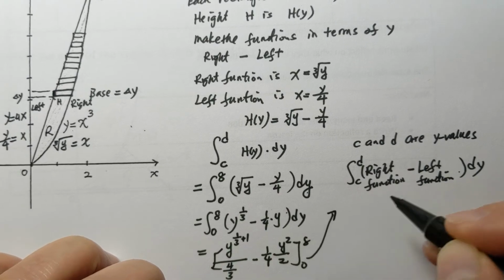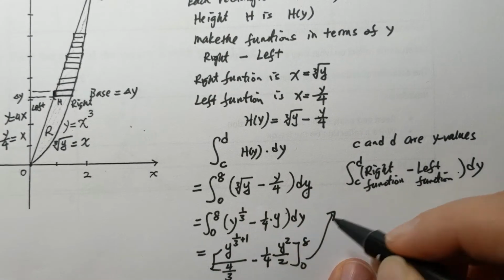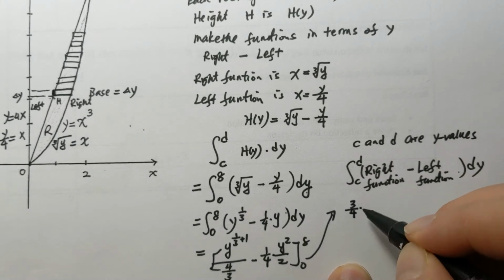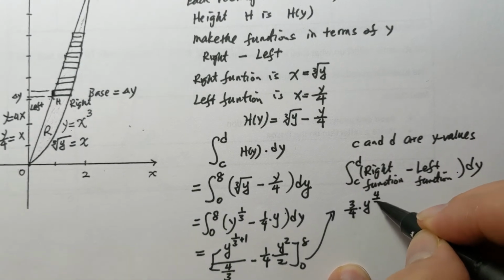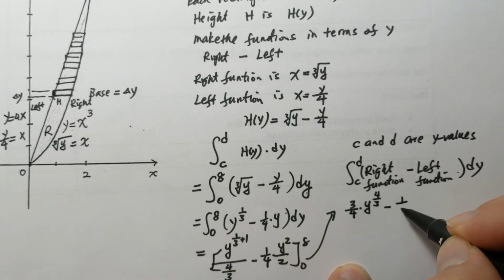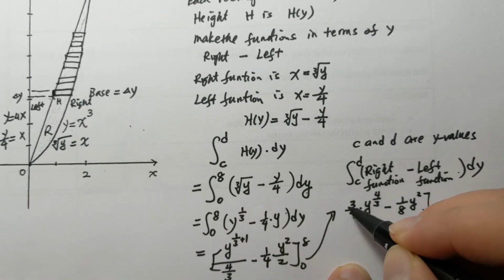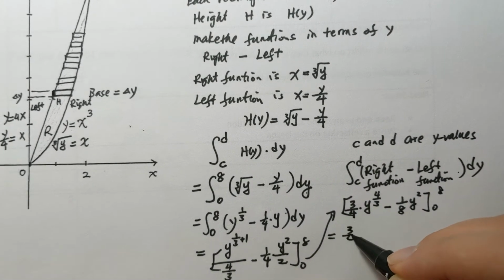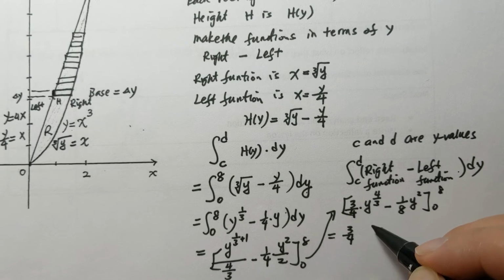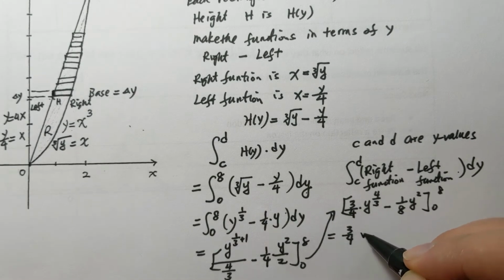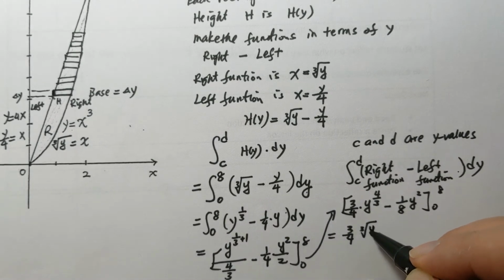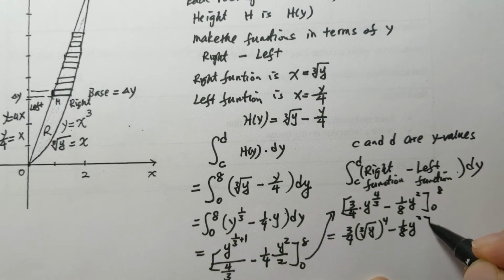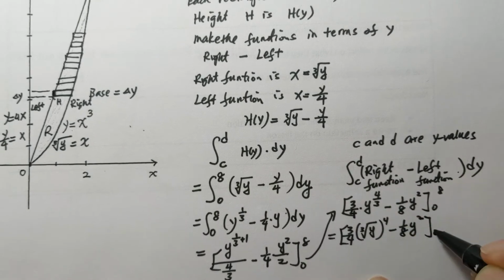Flip it over, you get 3 over 4 times y to the 4 over 3 minus 1/8 y squared. I get 3 over 4 because this is a cube root, so it's the cube root of y to the 4th power minus 1/8 y squared.